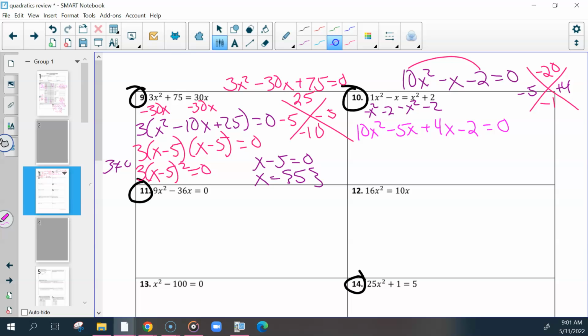Split the middle of the first two. What do they have in common? 5x. So if we divide that out, what's left? 2x minus 1. What do the last two have in common? Divide that out, what's left? 2x.